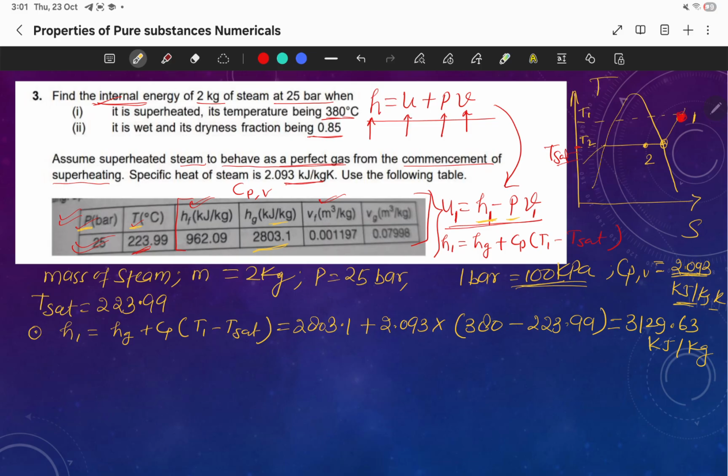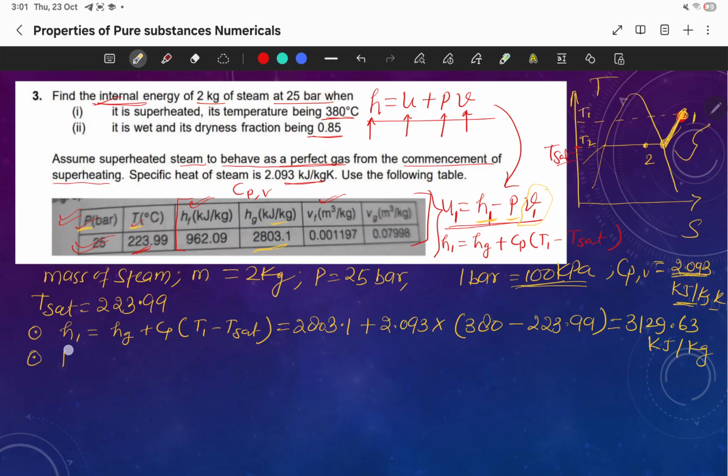Now the challenge is how to find V1. Okay, so you can see this lies in the superheated region, and in the superheated region this vapor behaves as an ideal gas, right? So you can see from here to here pressure is constant.